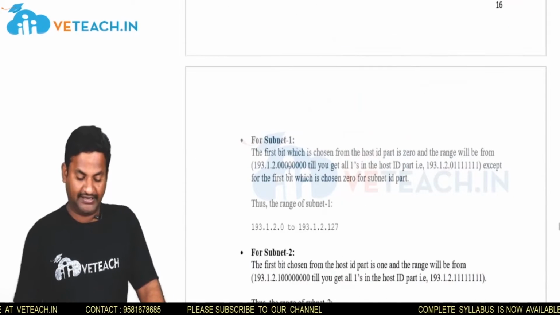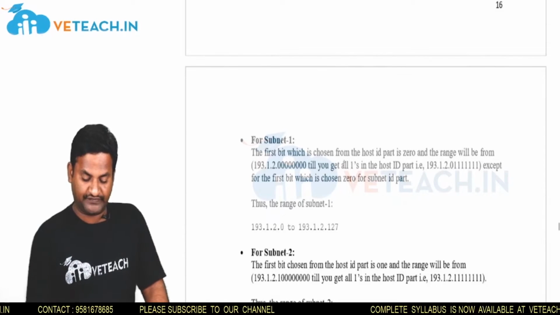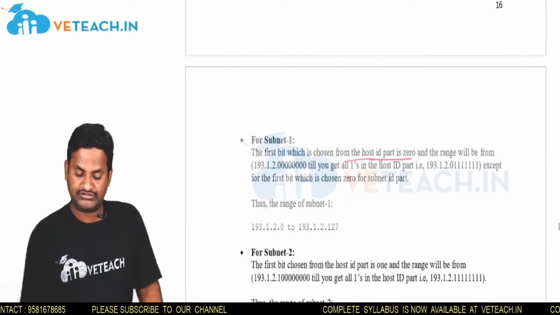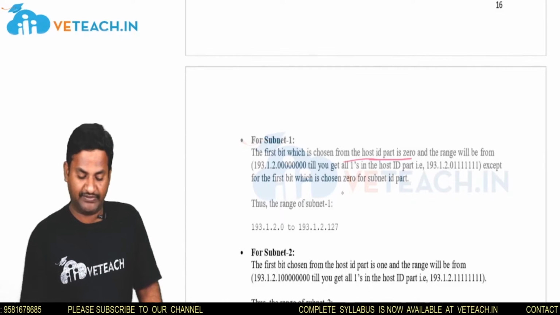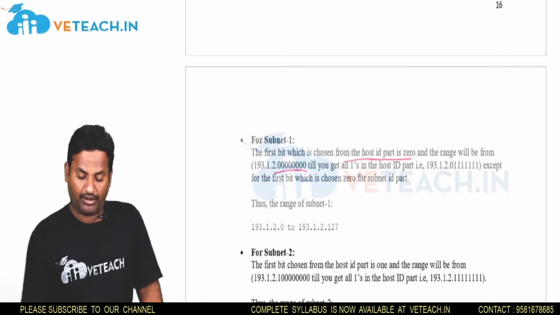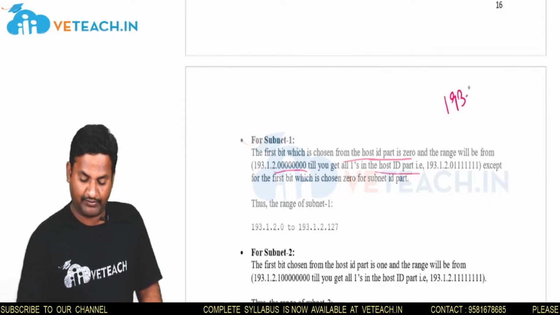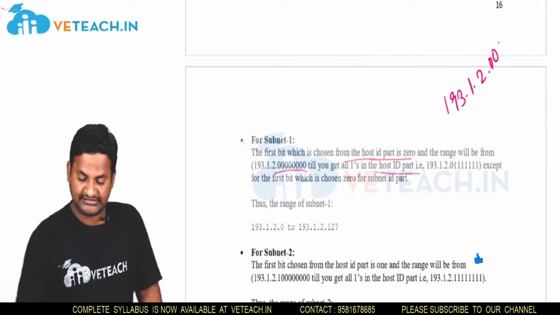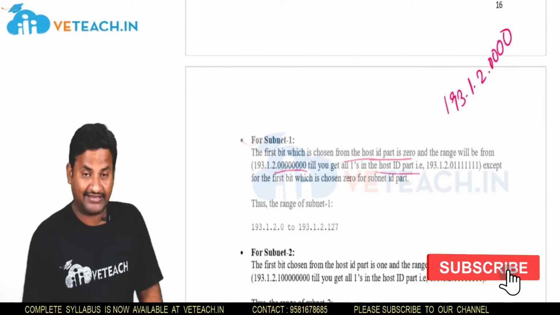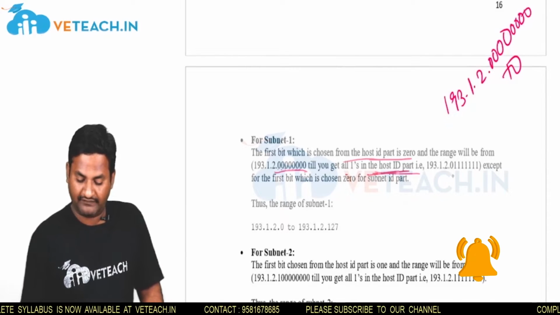For subnet 1, how can we divide? The first bit chosen from the host ID part is 0, and the range goes on till you get all ones in the host ID part. For example, with 193.1.2, the host ID is 8 bits, from all zeros to all ones.